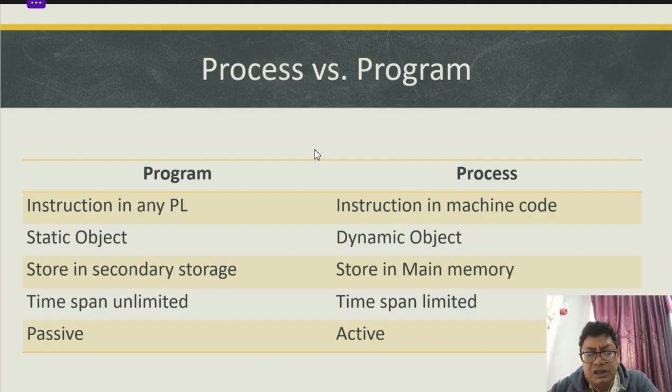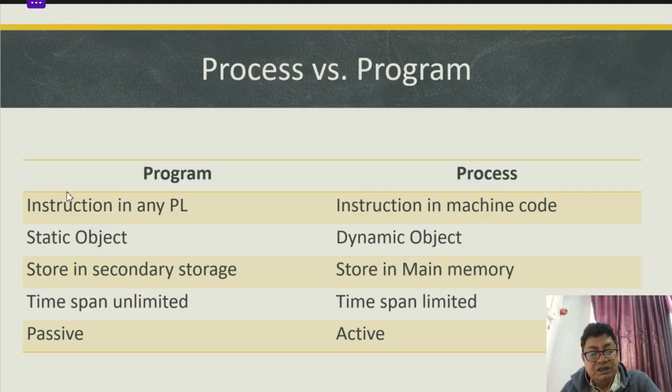Suppose in a program you say insert the value of A, insert the value of B, whatever value you enter, maybe 5 or 6. If you shut down the computer and reopen it, the computer cannot remember that 5, 6. But whatever you save in the hard disk stays as it is. So a program is a static object, whereas a process is a dynamic object.